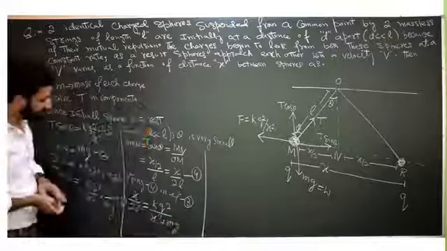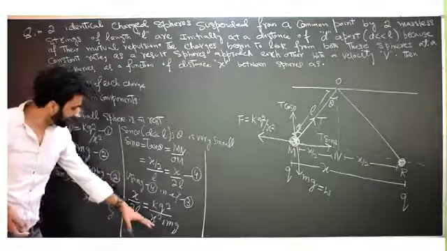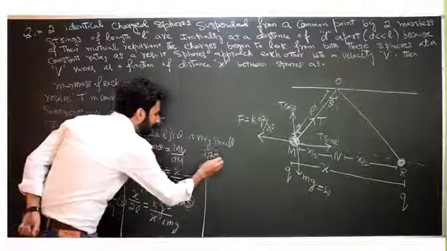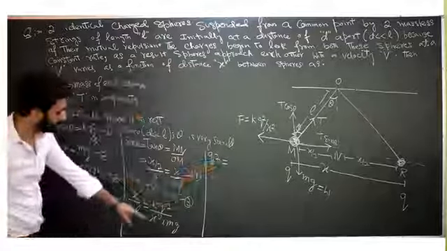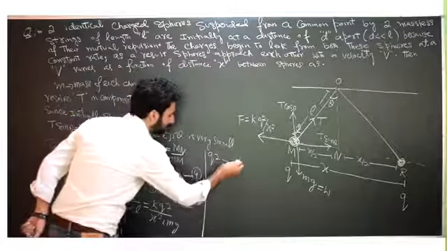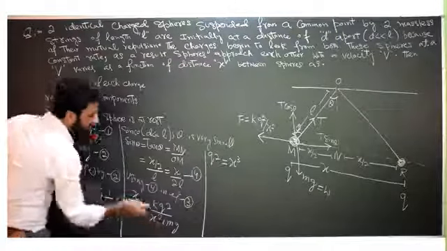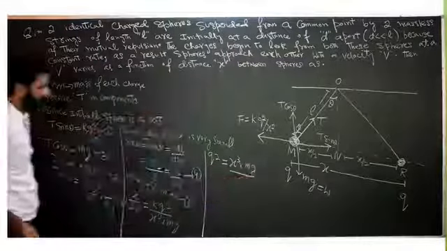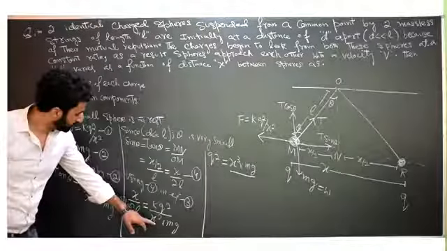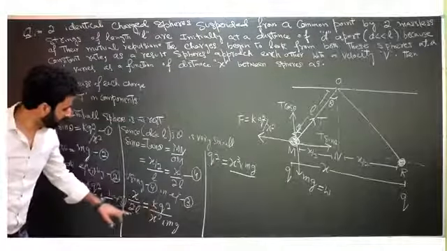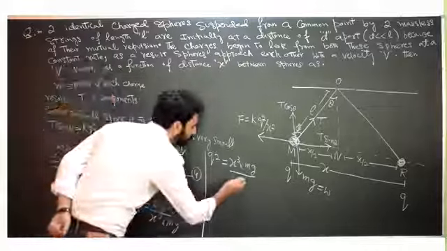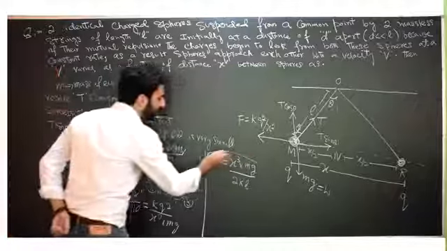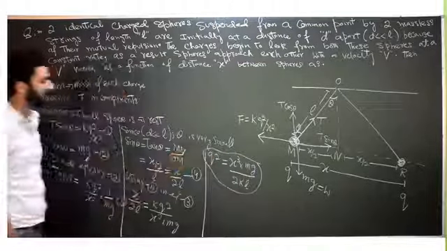Simplifying it, taking q square on one side and all the other terms on the other side, we have q square equal to x square into x, which is x cube, multiplied by mg, divided by k into 2L, or 2kL.